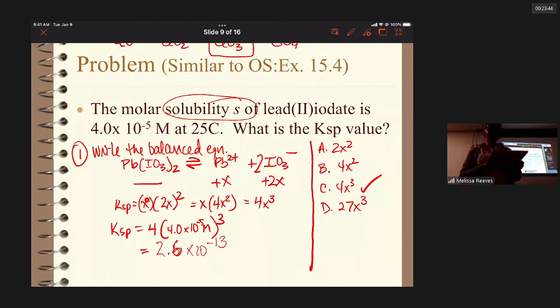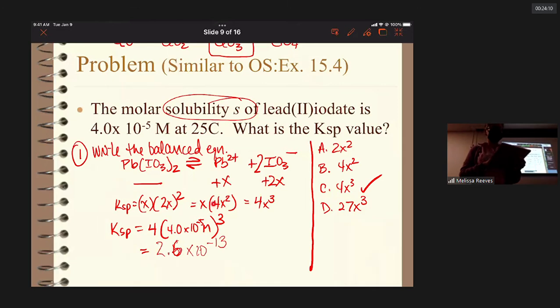Our equilibrium constants are always products over reactants raised to their stoichiometric coefficients. So this one has a coefficient of 1, and this one has a coefficient of 2. So that one gets raised to the 1st power, which you don't have to do anything for, but this one gets squared.